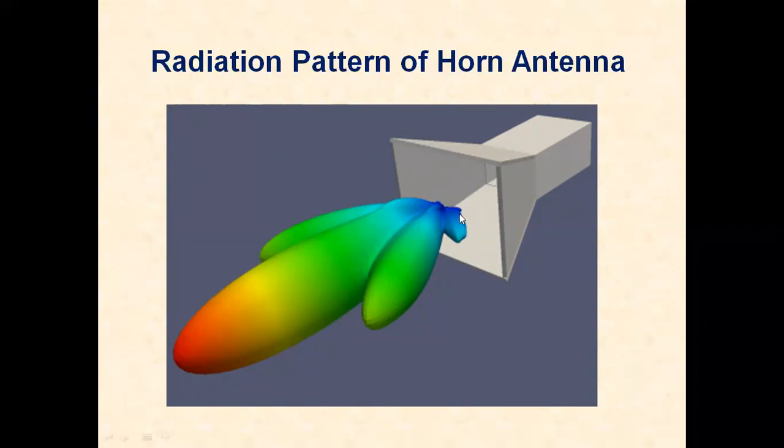This is the main lobe and these are the side lobes. There is no backward wave. And we are propagating the signal in a particular direction. So in this direction, the antenna is oriented like this. There is a radiation in this direction. So it can be used as a directional radiation antenna.